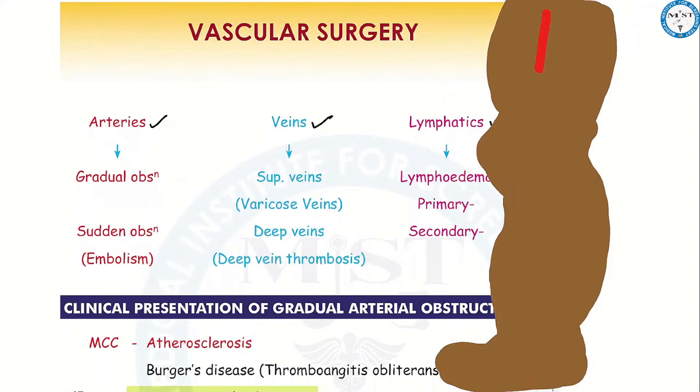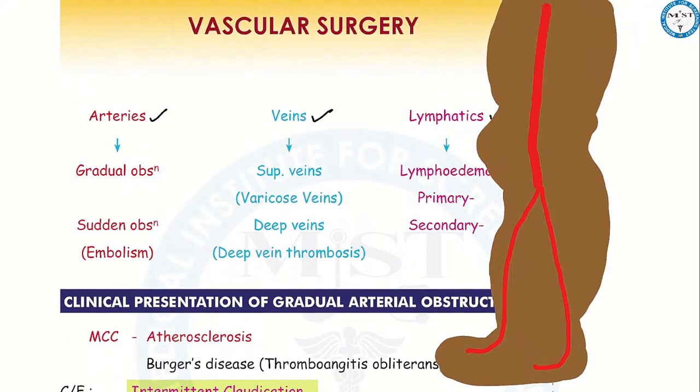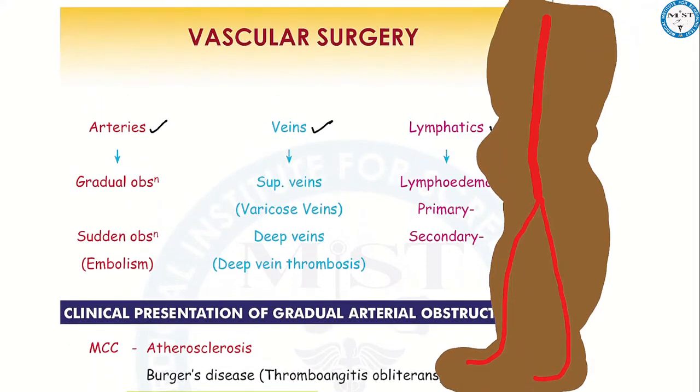Suppose here it is the femoral artery. This becomes the popliteal artery. Then the popliteal artery will divide into the anterior tibial and the posterior tibial artery. The anterior tibial would be going somewhat here, the posterior tibial somewhat here. The anterior tibial artery is going to become the dorsalis pedis artery, and the posterior tibial artery goes something like this. What is the job of the artery in the body, beta?